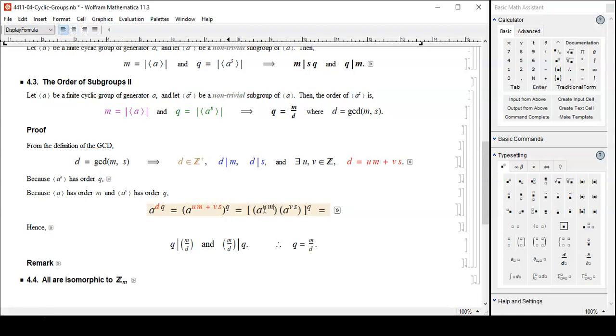That's it, isn't it? And what is this? a to the um power. a to the m power is e because a has order m. So this whole thing is e times a to the vs power to the q power.